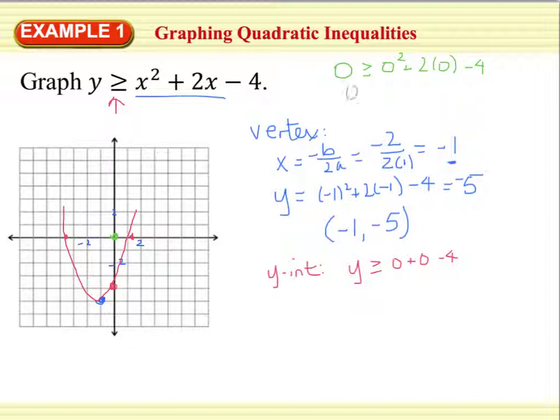Or in other words, is 0 greater than or equal to negative 4? And the answer is yes. Because that test point was on the inside of my parabola, I'm going to shade the inside of that parabola. So the graph of my quadratic inequality is going to look something like this.